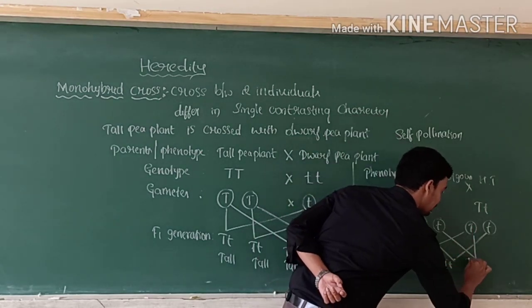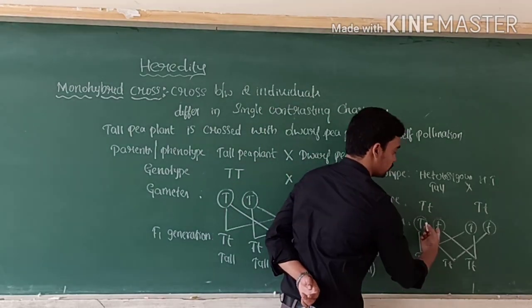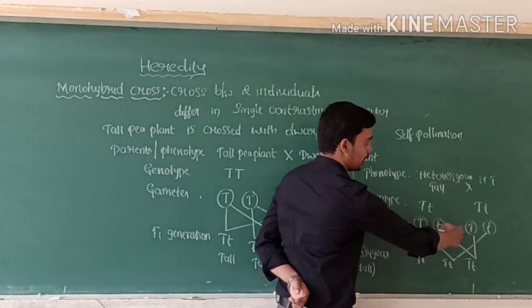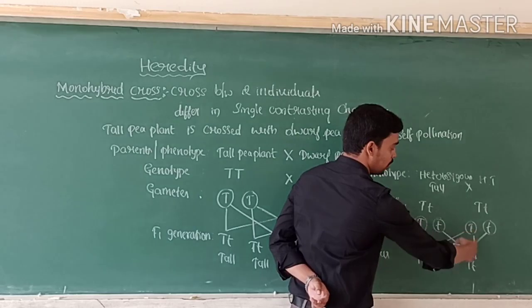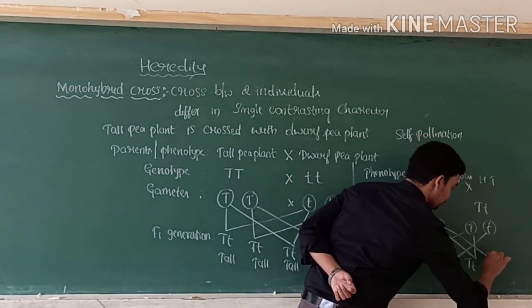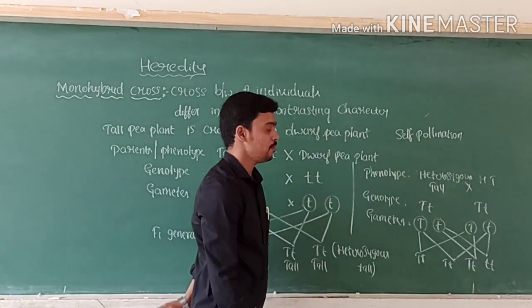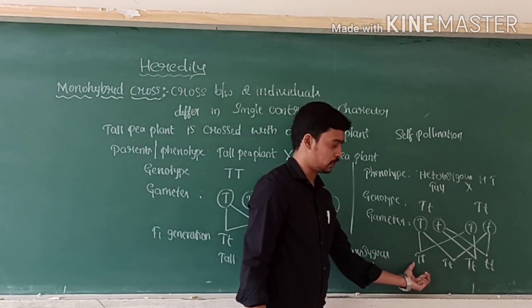So capital T, small t. Majority of you make the same mistake. That is, first you write the small t and then capital T. So that is wrong. First you should mention the capital T, and next small t, small t. Okay, this is the F2 generation.